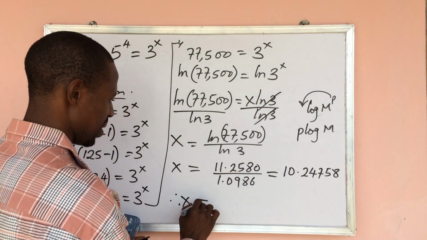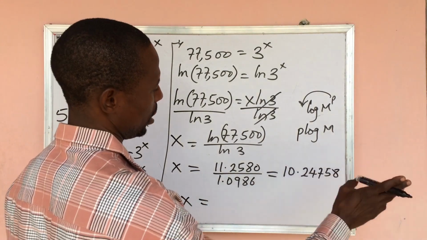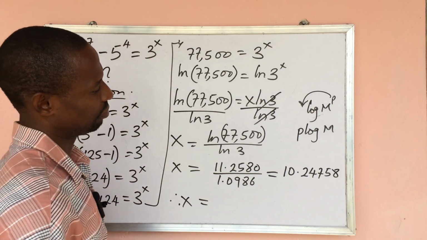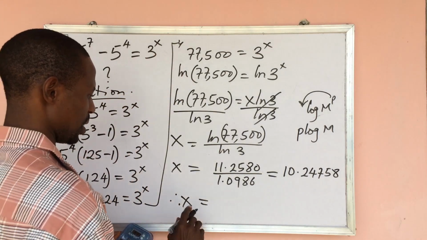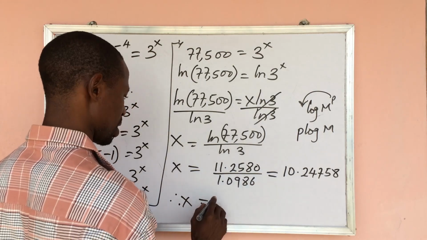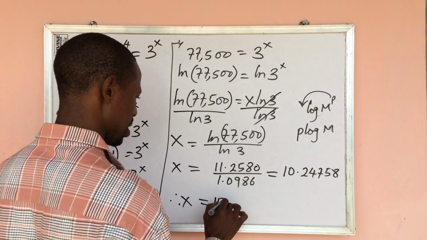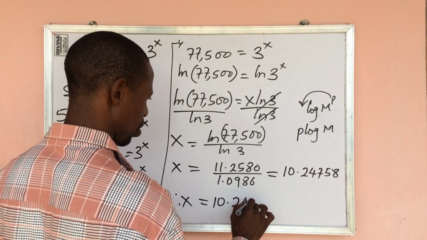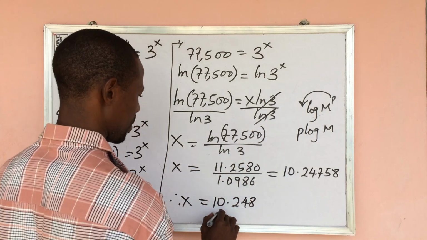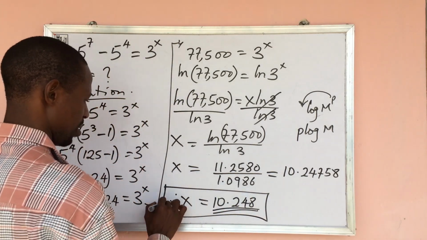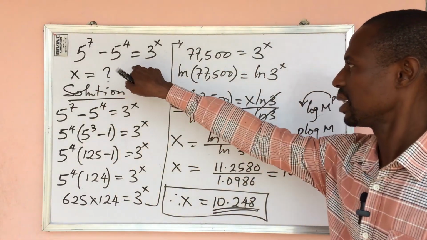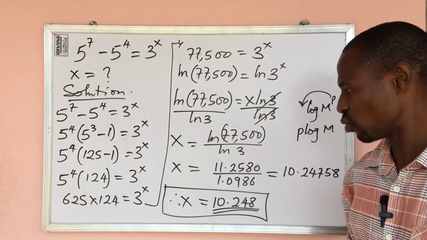Therefore, we can approximate this, let's take it approximately to 3 decimal places. So we have 10.248 approximately. So this is the value of x that will satisfy this exponential equation.